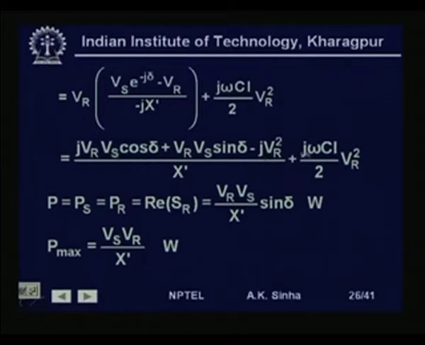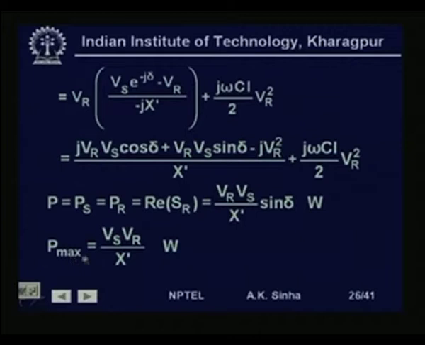All other terms are having j, that is, they are imaginary components, terms for the reactive power. So P, the real power at the sending end, is equal to the real power at the receiving end, and is given by Vs into Vr by X dash into sin delta. This will be watts or megawatts, depending on whether we are using volts or kilovolts.